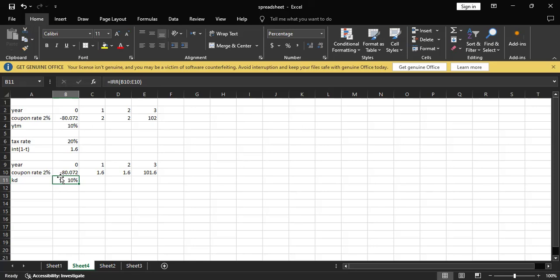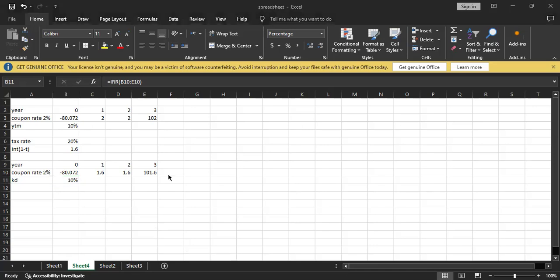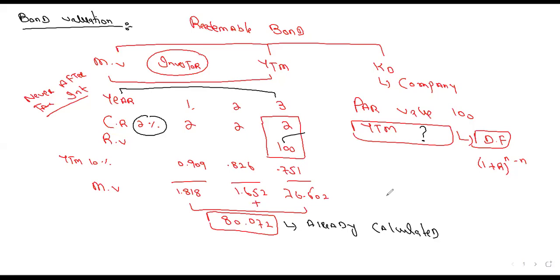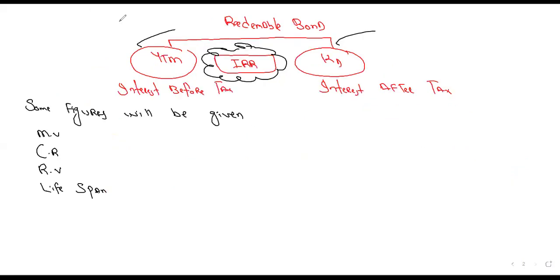I have a question. Yeah. In this instance, are we given that 80.072 in the question? Yeah, I already told on the whiteboard. Whenever the examiner asks you the calculations for the YTM or the KD, the examiner will provide you some figures.